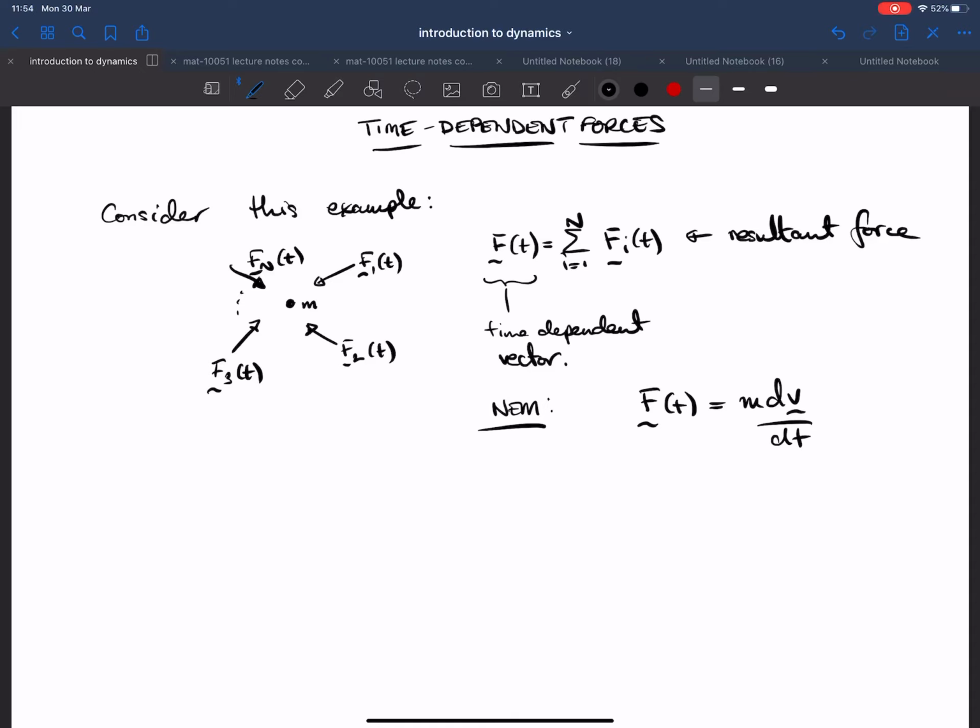And of course, in order to determine v, we just have to consider integrating the ratio of the force vector divided by the scalar m with respect to t. And this is how you tackle this problem.